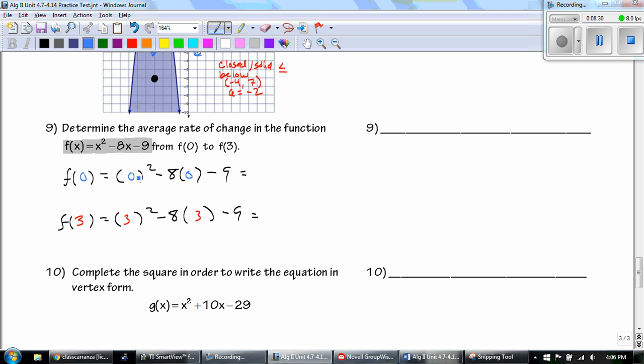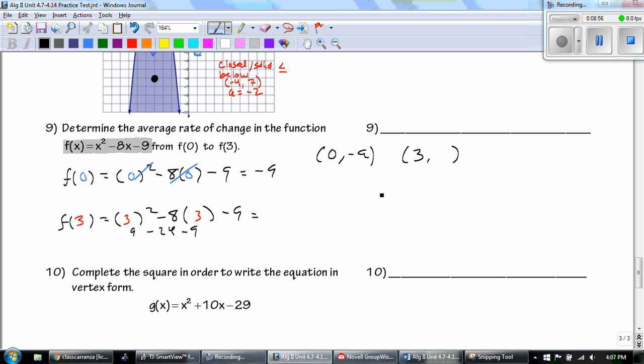Plugging in 0 is easy because 0 squared is 0, -8 times 0 is 0, and then I'm left with -9. So I know that one of my points is 0, -9. Now my other point, the 3 point, 3 squared is 9, minus 8 times 3, which is 24, minus 9.